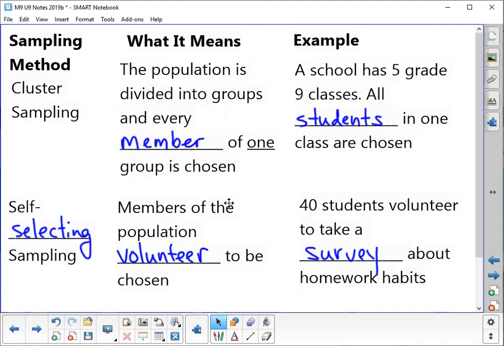Self-selecting, that when you volunteer, these can be very inaccurate depending on how they're used. So a radio station puts out a survey, you know, what do you think of the number of arsons in the city, or something like that, which used to be a problem in Moose Jaw, but it certainly isn't right now.